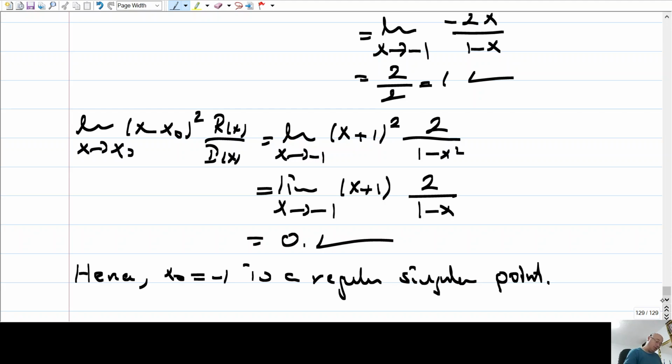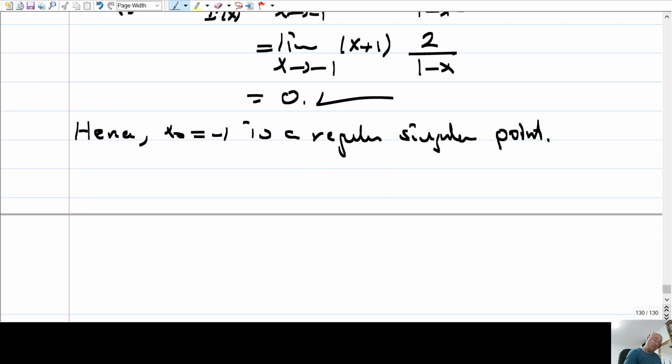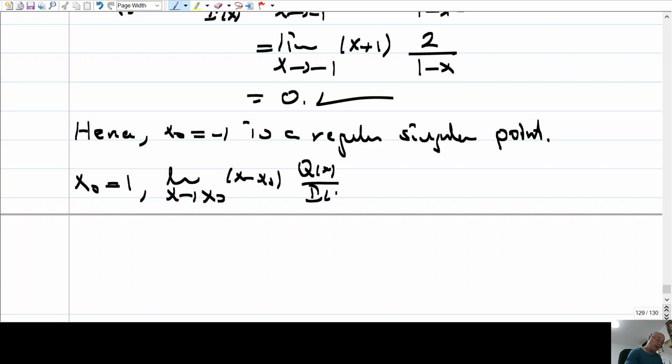What about the other one? x0 equals 1. Well, again, we have to check the limits. Limit as x goes to 1 of (x minus 1) times q(x) over p(x). q was minus 2x, and this is 1 minus x squared.